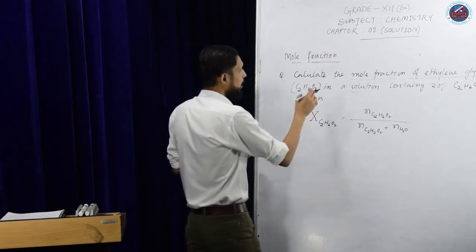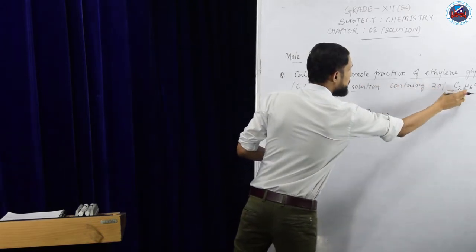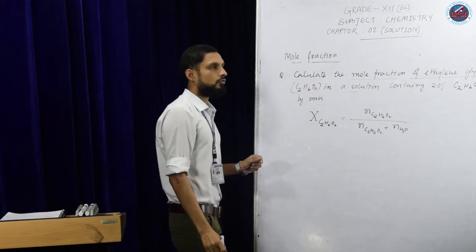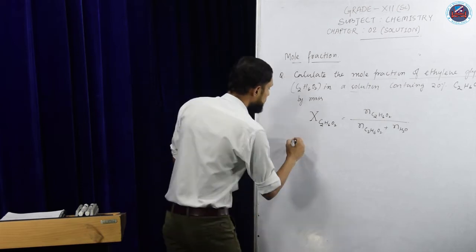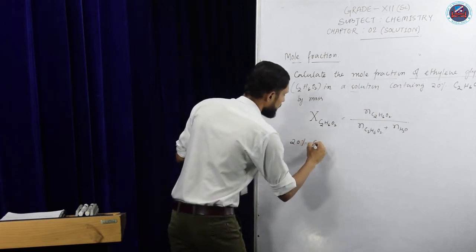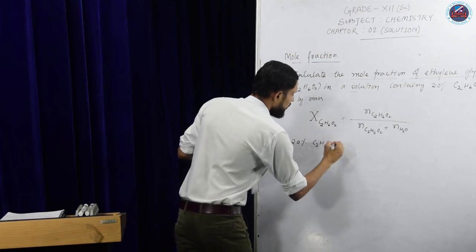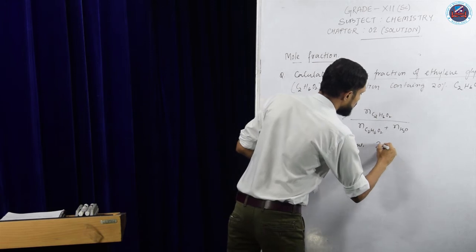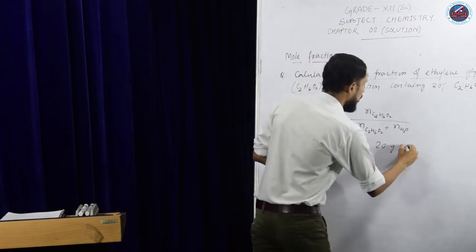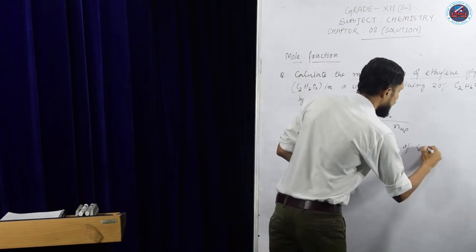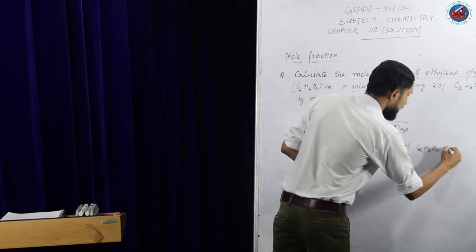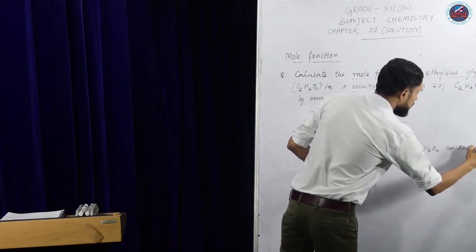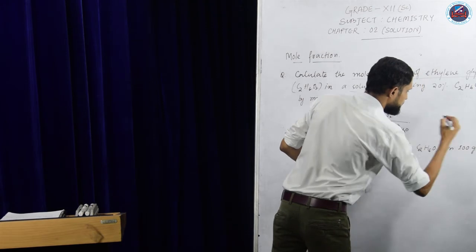Now you have here 20% of C2H6O2 by mass. It means you have 20 grams of C2H6O2 in 100 gram solution.